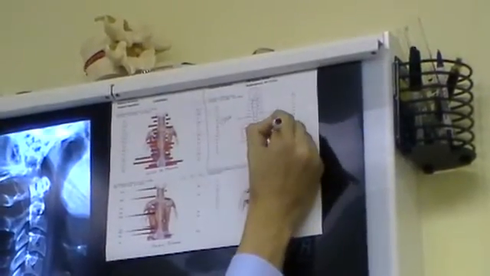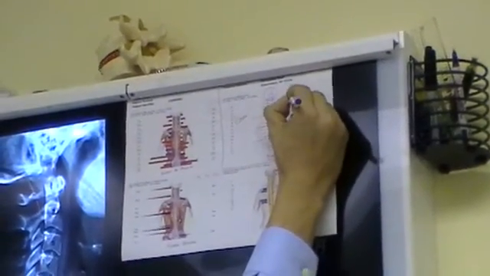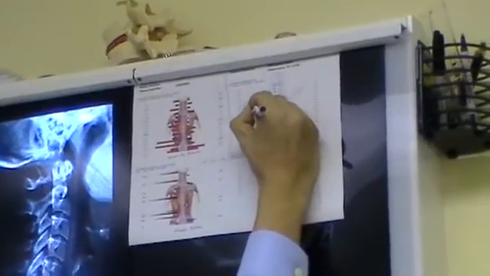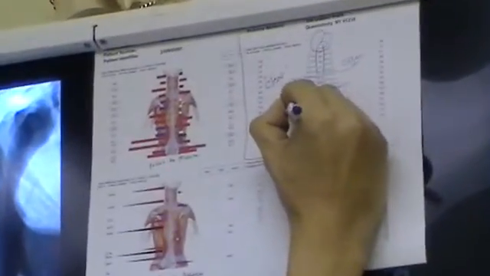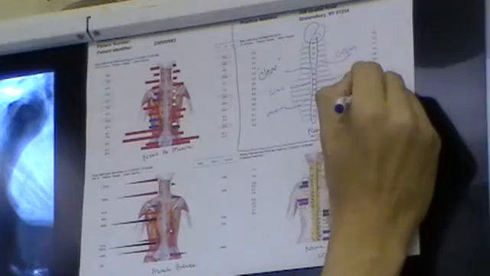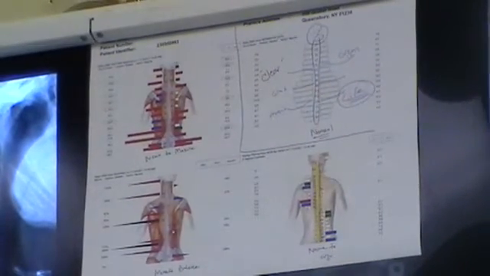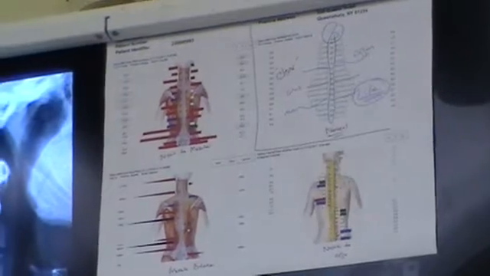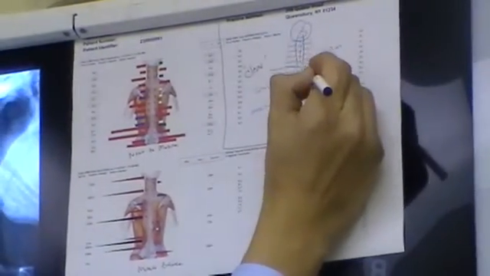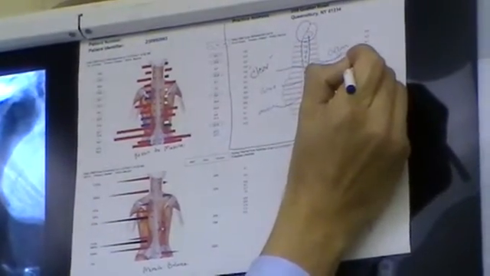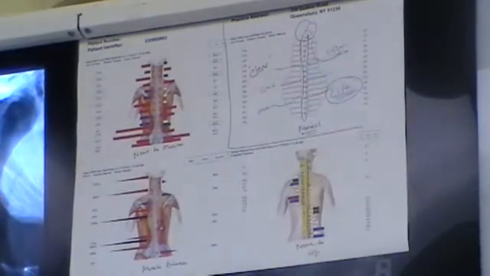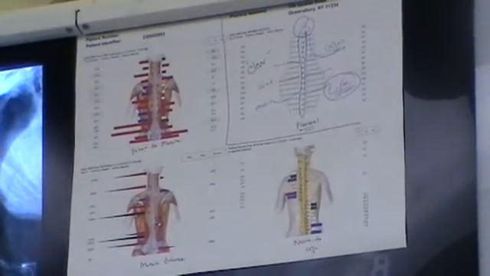Well, what's important to know is what comes off your nerves: all of your organs, all of your glands, all of your muscles. So basically, your life flows through your nervous system. That's what chiropractic philosophy teaches. So would it make sense to have a clear signal from your brain to all the vital parts of the body, and then a signal back from the body up to the brain? That's what this is all about.